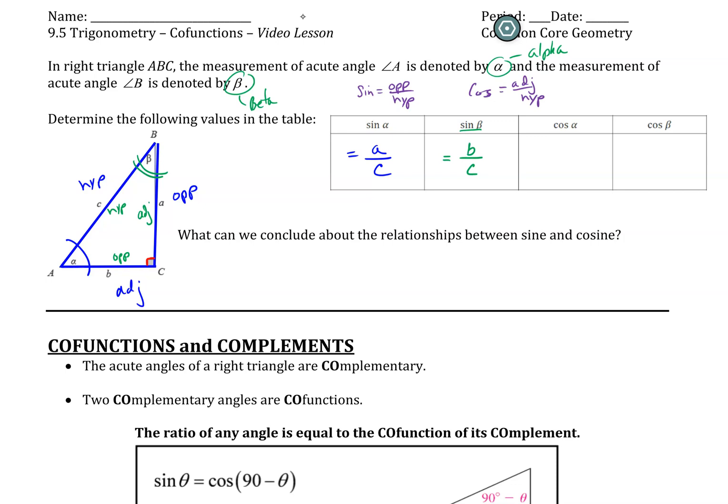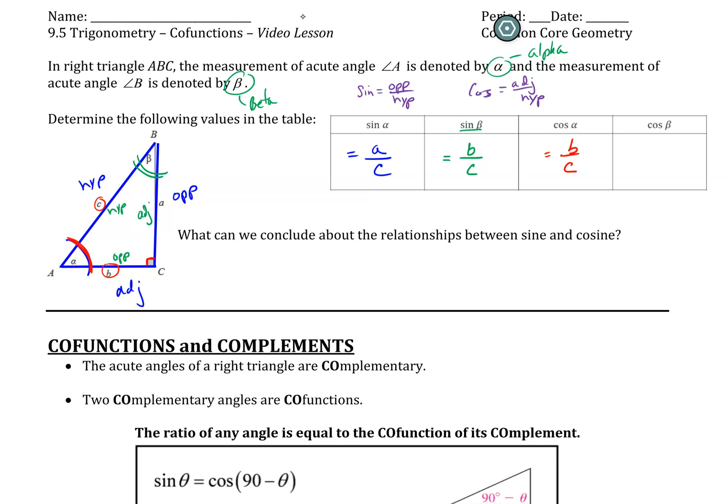So if I go back to cosine now of A, back to this scenario, cosine of A, here's A again, so that's the adjacent side over the hypotenuse, so that's b over c. Notice I get two answers that are the same.